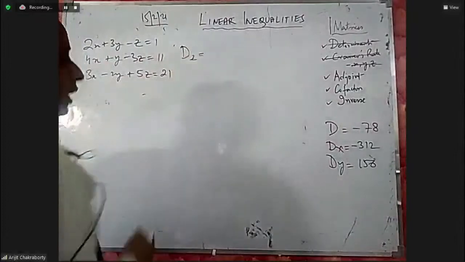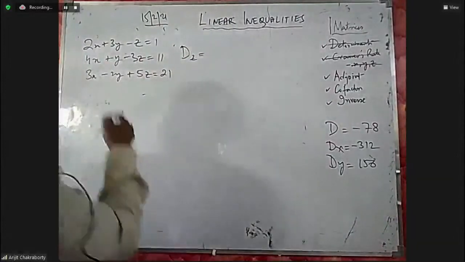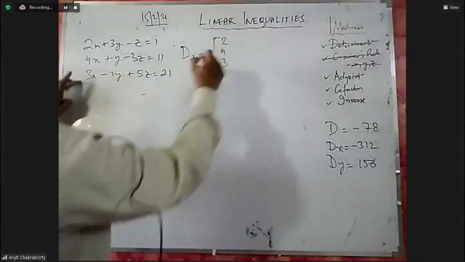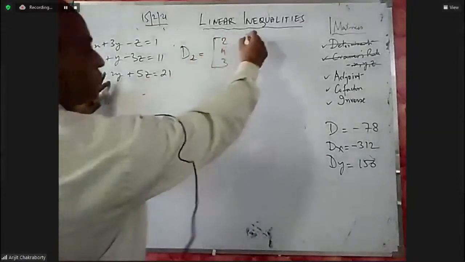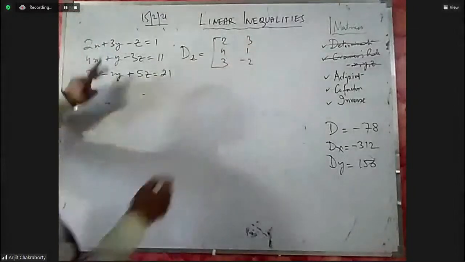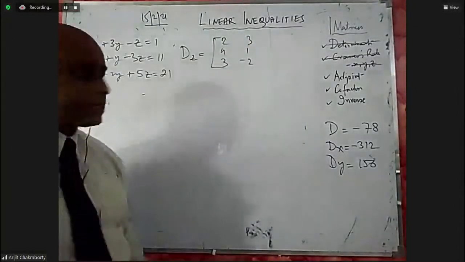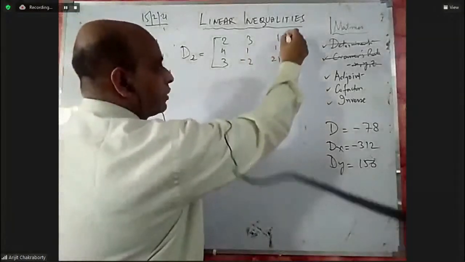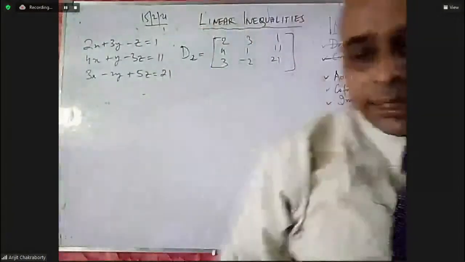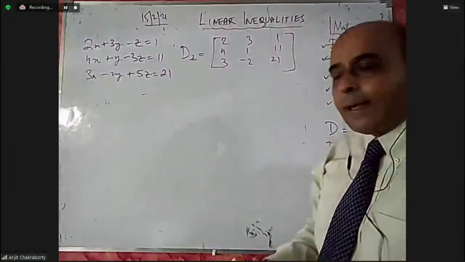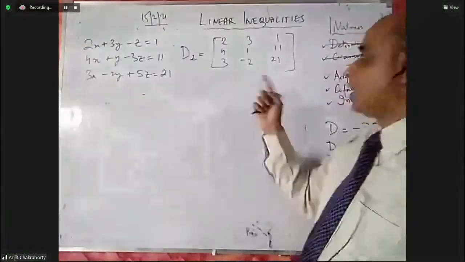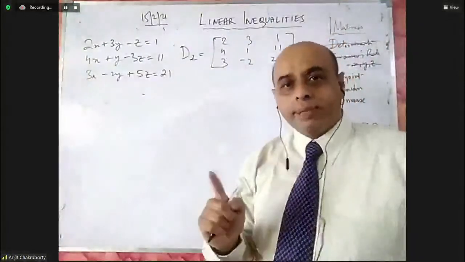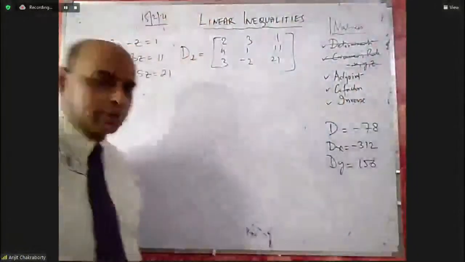dz will be, the determinant is 2, 4, 3, 3, 1, -2, and instead of the coefficient of z, we shall put 1, 11, 21. Just check if I've done it correctly: 2, 4, 3, 3, 1, -2, 1, 11, and 21. Now it is time to work it out together as usual.